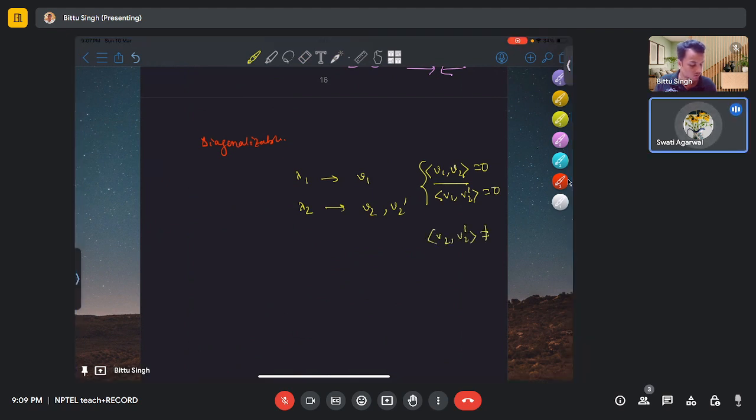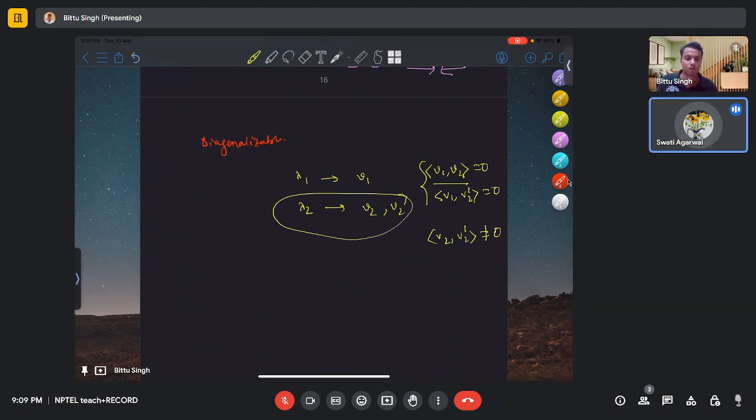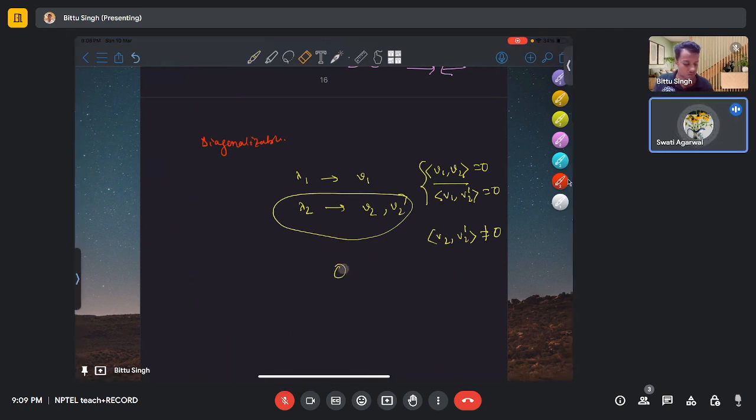When he says eigen subspace, he means V2, V2 dash, the subspace corresponding to lambda 2. So if one lambda has multiple eigenvectors, then those constitute the subspace, but we need to include zero also. Okay, I got it now.